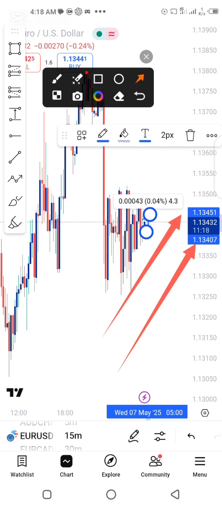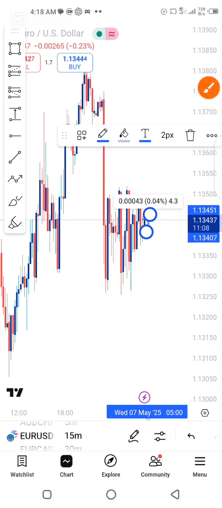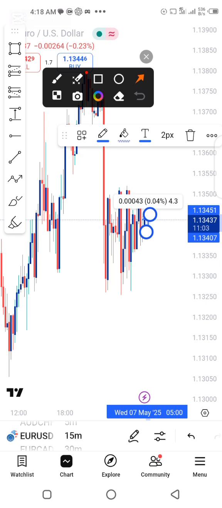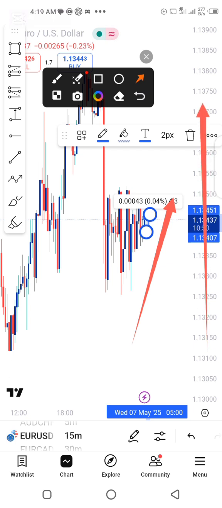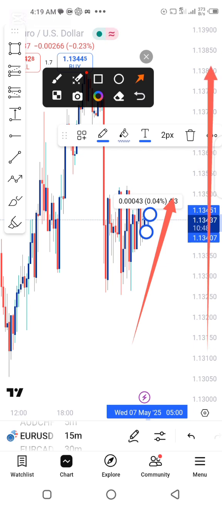In total it's giving me 4.3 pips. So this is what the range gives you. Do you get it? This price range just gives you the pips, without trying to calculate it using this price movement here. It makes it very simple for you.